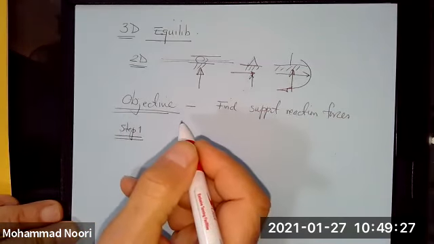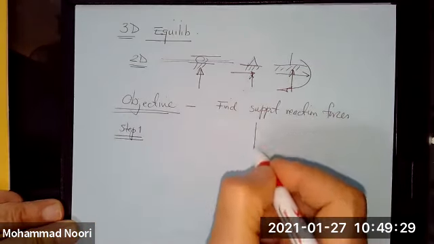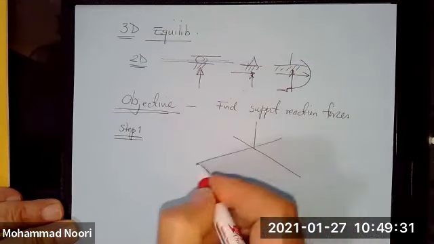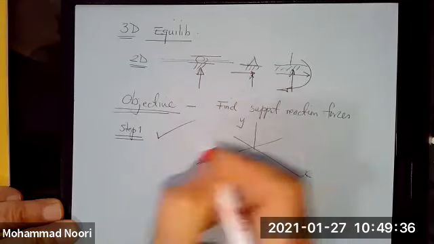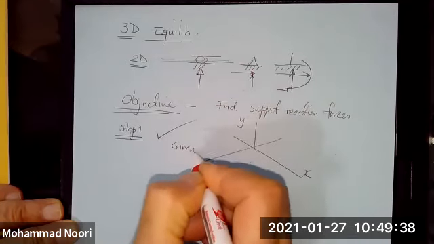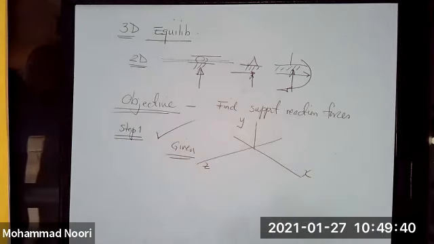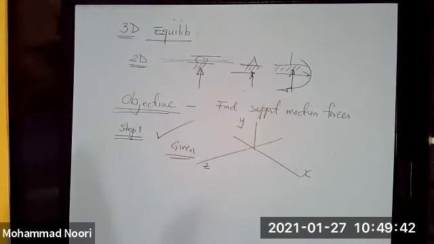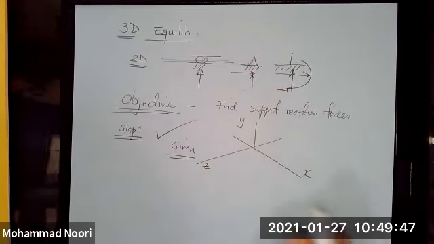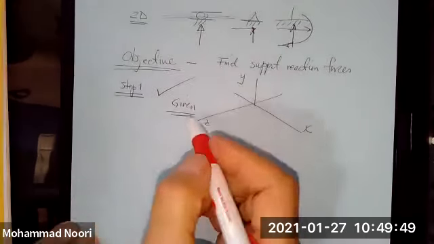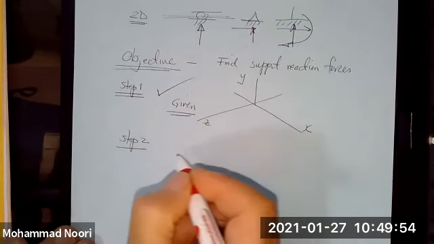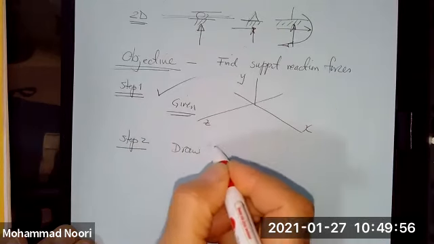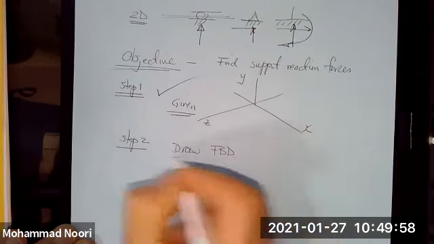Set up X and Y coordinates. The only difference in this case is that X, Y, Z coordinates are always given, because in order to describe the geometry of the object, you have to demonstrate it in a three-dimensional coordinate system. So this is given. Step two is when you draw the free body diagram, similar to 2D.